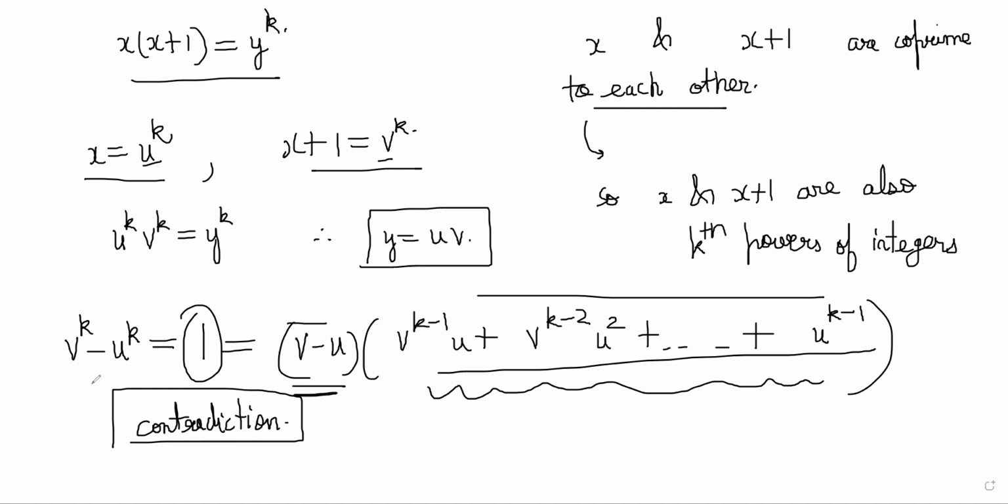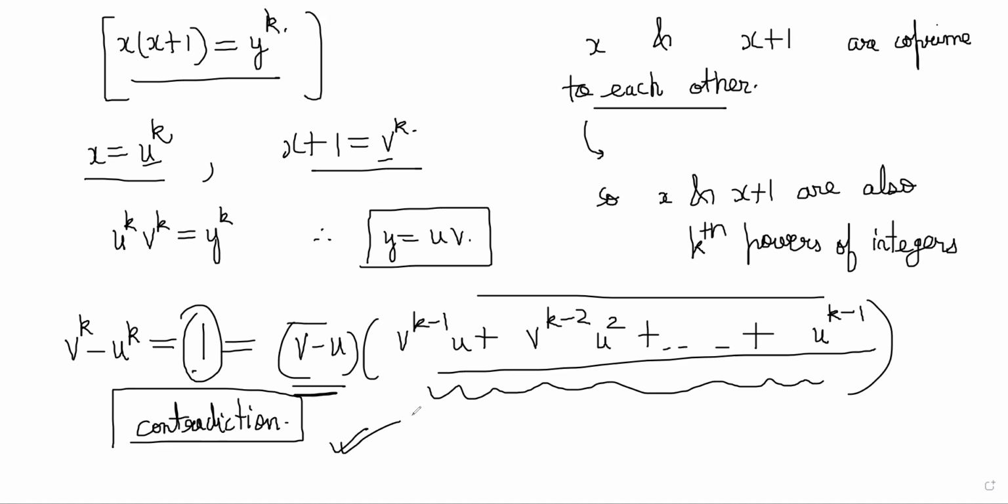And now looking at this equation, we are getting 1 is equal to the product of two different integers. So that means that this does not admit any solutions in positive integers, because if it does, we arrive at this contradiction. So notice the claim that we have proved earlier and how we are using that claim in order to prove the original question.